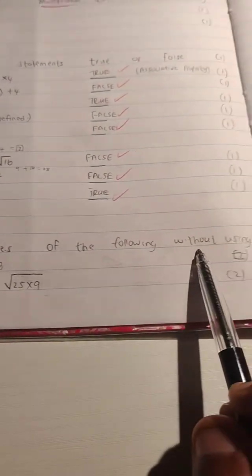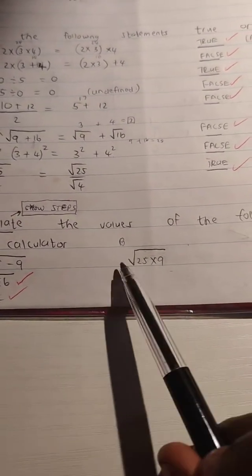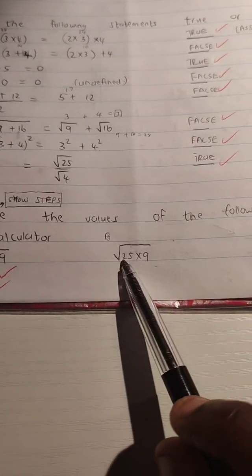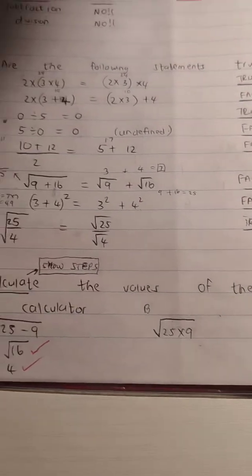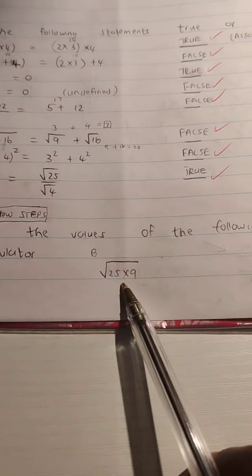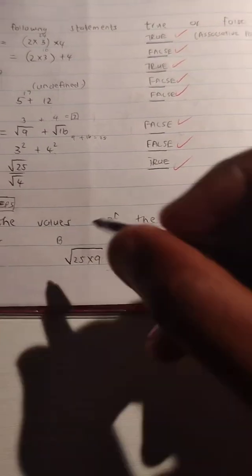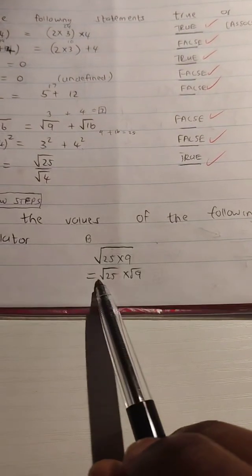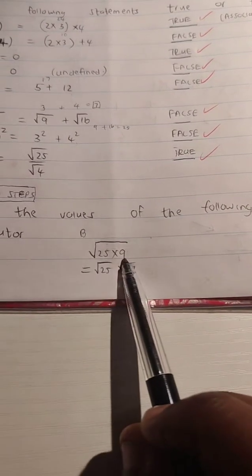Say they said calculate the values of the following without using a calculator. Do you see what you have here? Inside this root you have 25, but it is multiplied with 9. What do you notice underneath the root? You have multiplication of two numbers. So here you can apply the law of splitting the square root, because the operation between 25 and 9 is multiplication.